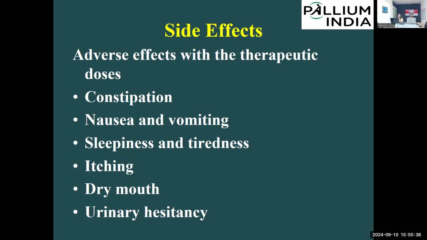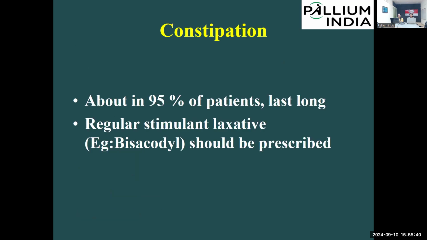So the most common side effect of morphine, as I mentioned earlier, is constipation. Whenever a doctor prescribes morphine, it is your responsibility to ensure that a stimulant laxative is being added along with the morphine. As long as the patient is on this opioid, the patient needs to be given this stimulant laxative.